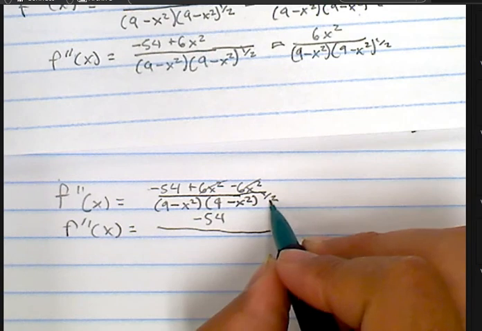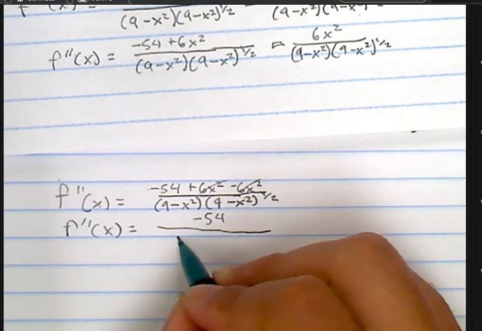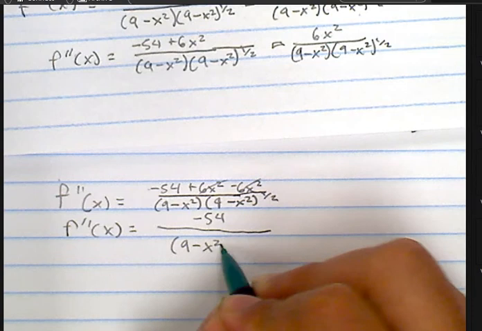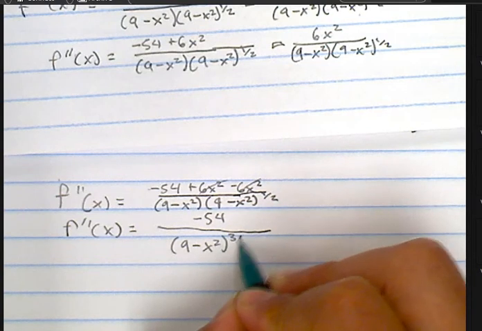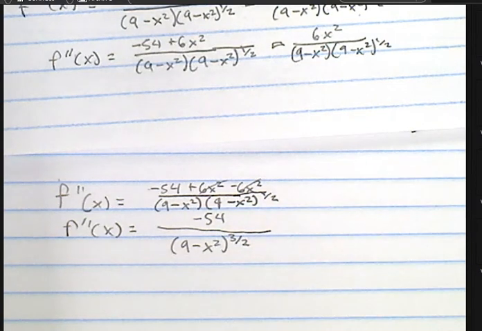Add. Beautiful. It comes out to be very simple. Okay? Now, we're going to find our inflection points. Okay? Our inflection points right here. So let's go ahead and do so.